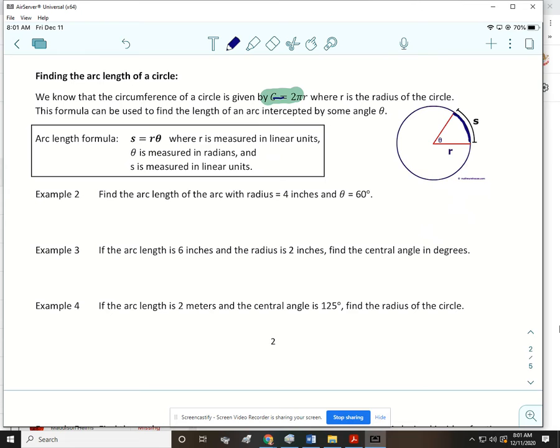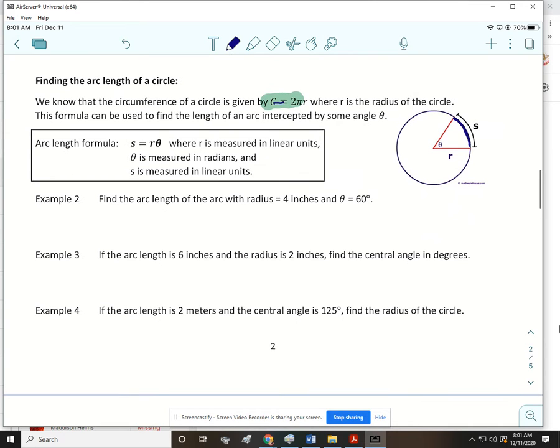All right, and then a couple of years ago, someone shared something with me that science teachers do, I think Mr. Higdon. Whenever it's a formula like this where you multiply two things to get another, what's by itself on the left side, you would put up here on the top, and then the two things you're multiplying go underneath. If you want to find S, you multiply R times theta.